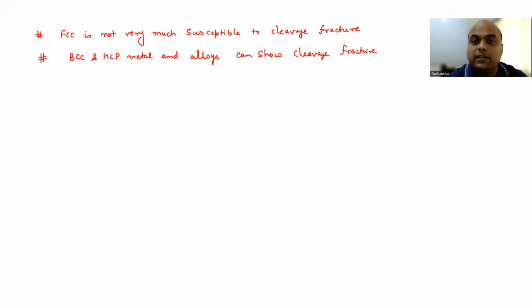In fact, the metals and alloys which are not showing cleavage fracture in one condition can show cleavage fracture in another condition, a severe condition. And what are those conditions? So that the material can become brittle, which were ductile before.